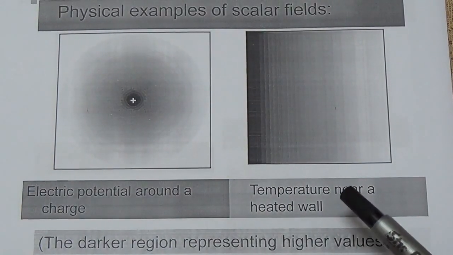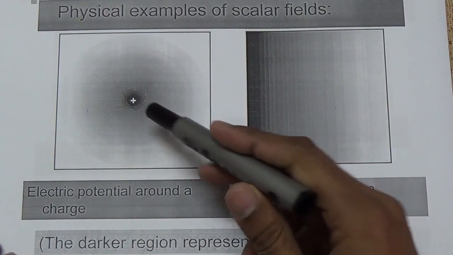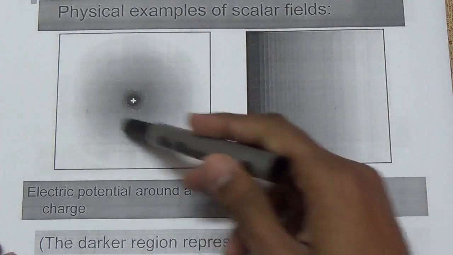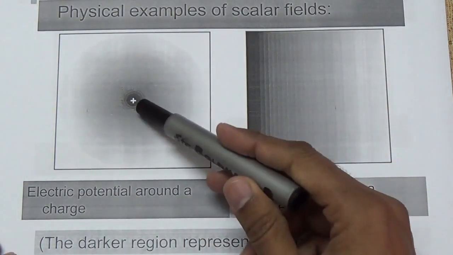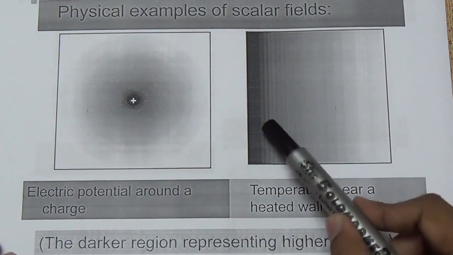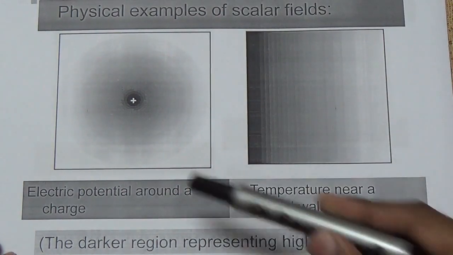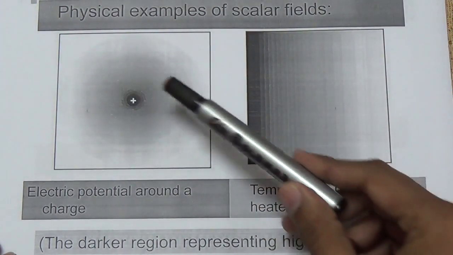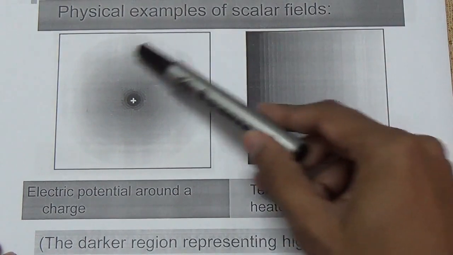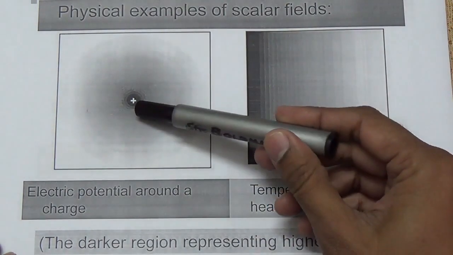So here I just try to show the nature of the field. This is a positive charge, and in the surrounding it is dark, and then after it becomes light. Here dark and it becomes light at this end. So this is the area, this is the field of the electric potential around a positive charge.